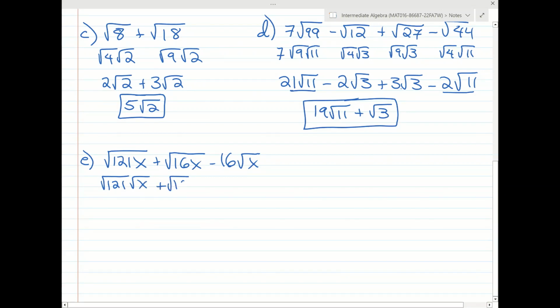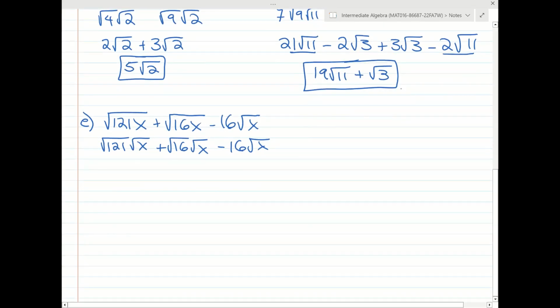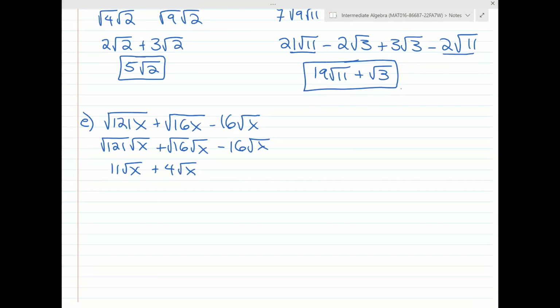This is the square root of 16 times the square root of x minus 16 root x. This is just 11 root x plus 4 root x minus 16 root x. And math works the same whether it's numbers or letters. 11 plus 4 is 15 root x, minus 16 is just minus 1 root x.